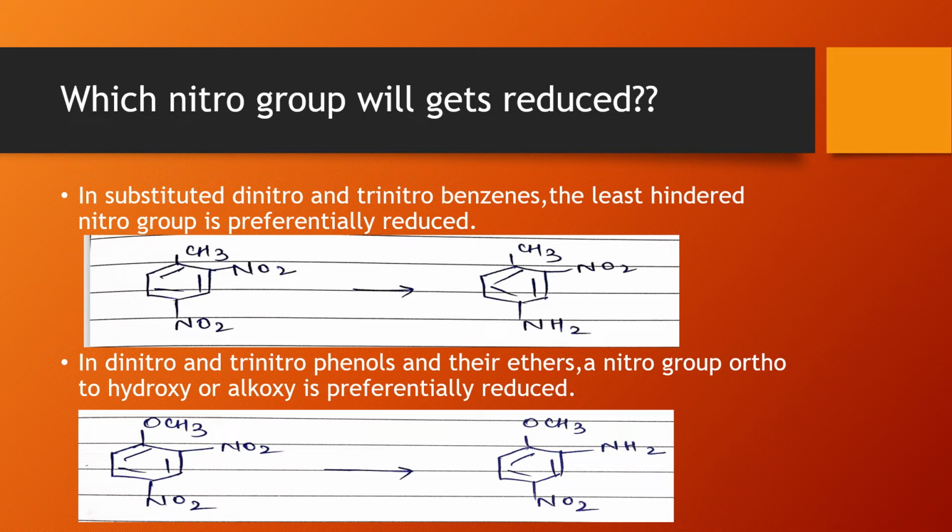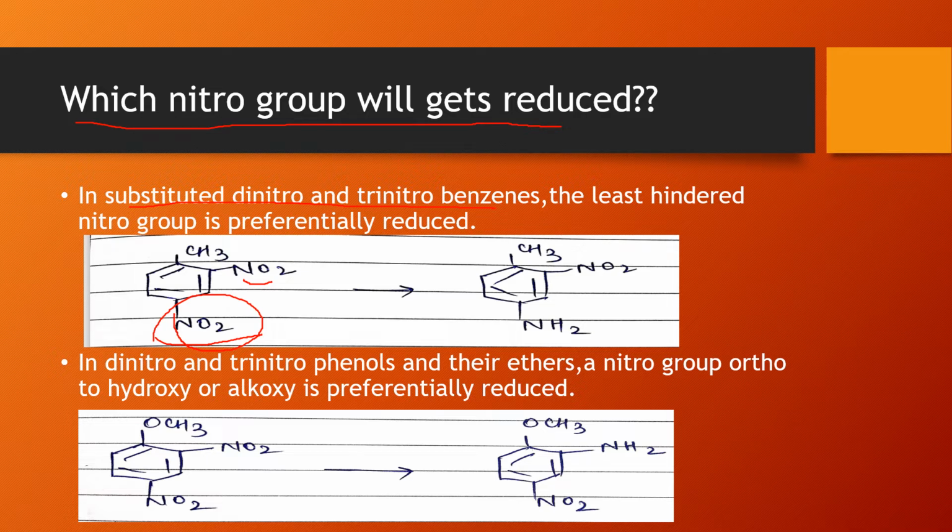Now the question arises, which nitro group will get reduced. So there are two different cases. First, in substituted dinitro and trinitrobenzenes, the least hindered nitro group is preferentially reduced. The least hindered nitro group means that around which there is no other group. So in this example, the least hindered nitro group is this one because it is free from all sides, whereas this nitro group is accompanied by the methyl group.